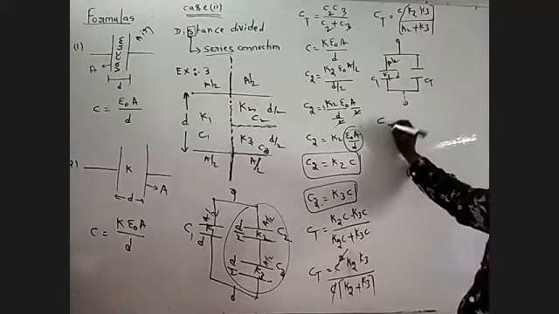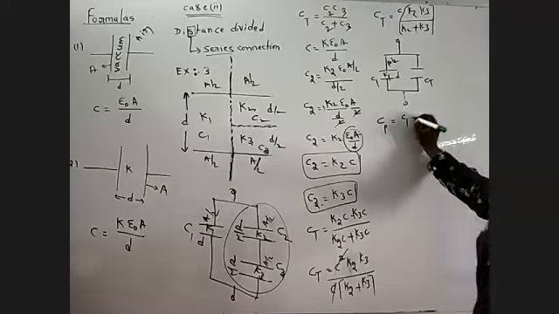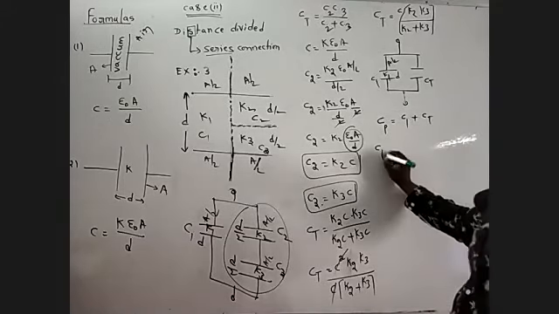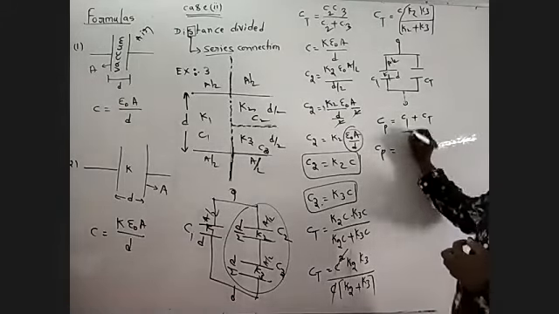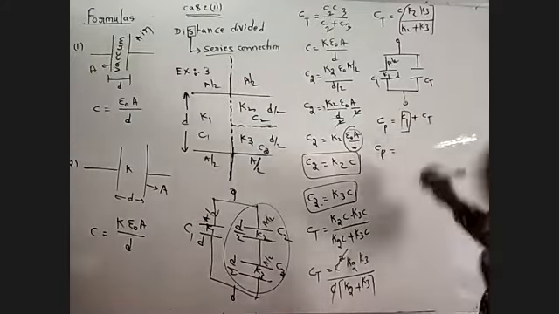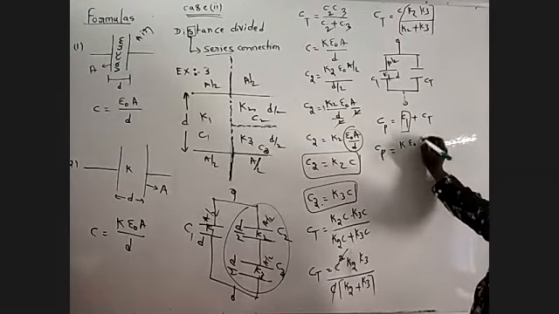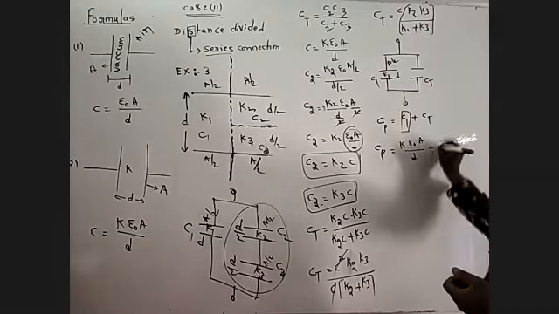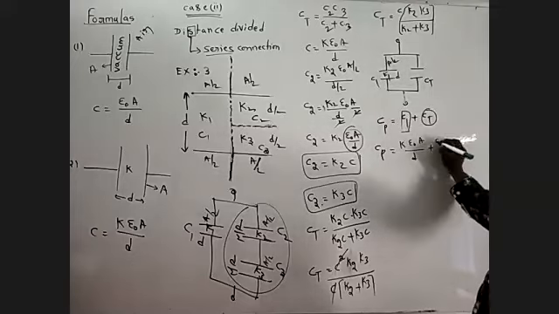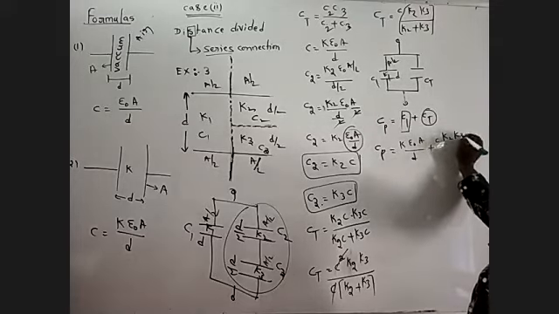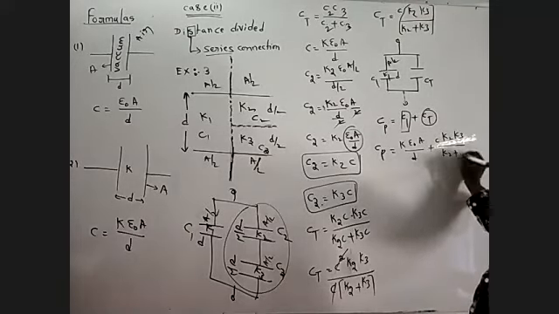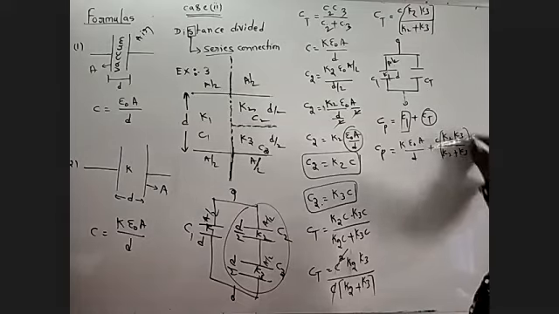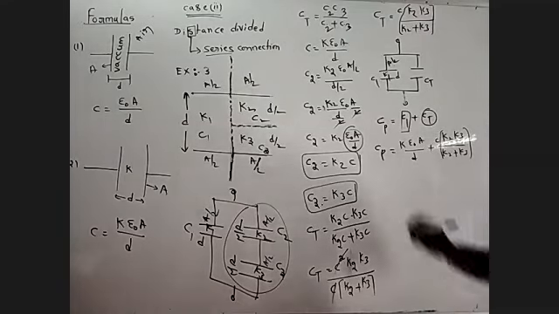Parallel connection means C parallel is equal to C1 plus C total. What is the C1 formula? K epsilon naught A by D, the general formula. And C total is C into K2 K3 by K2 plus K3.